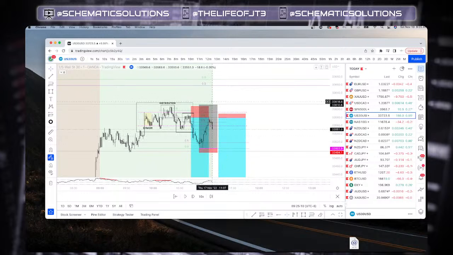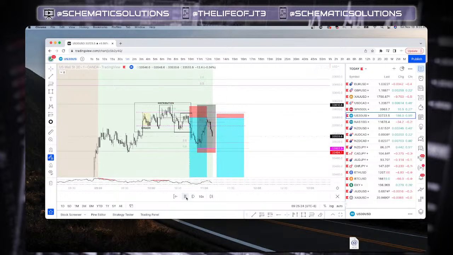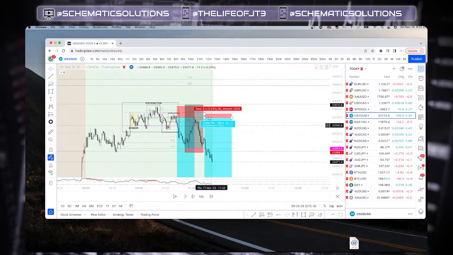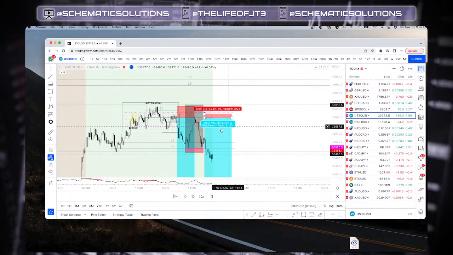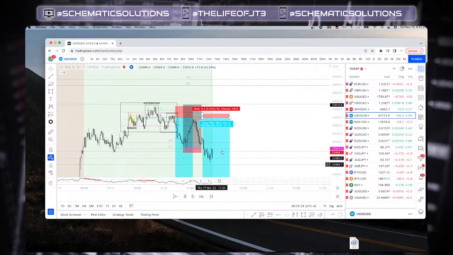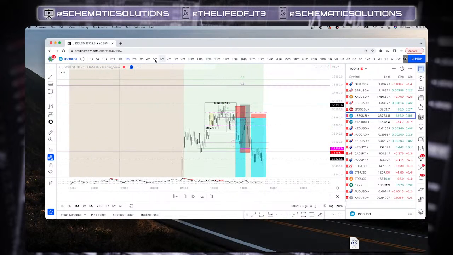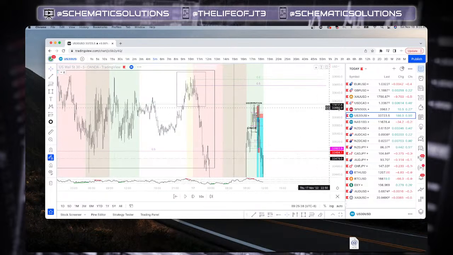Price is either going to push through and stop me out of these, or price is going to react from here and stop me out of this. So as price is pushing away, I'm like, okay, go risk free on everything and let the best man win. So we're risk free on everything. We get stopped out of the long, obviously. We're running on both of these shorts, and it's just time to let her do her thing.